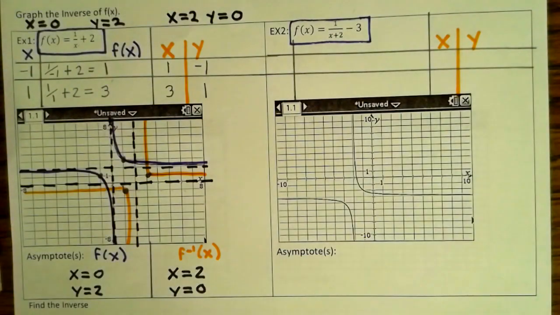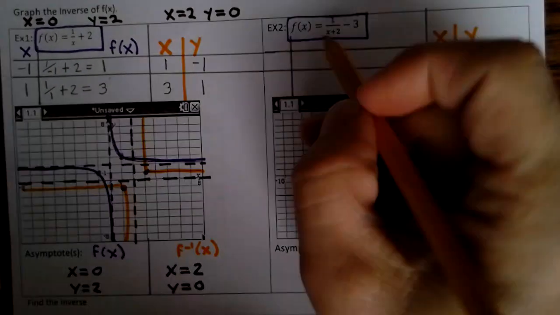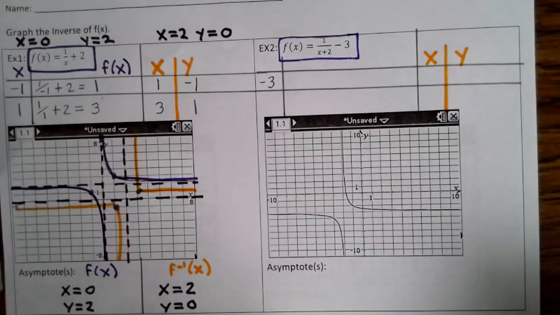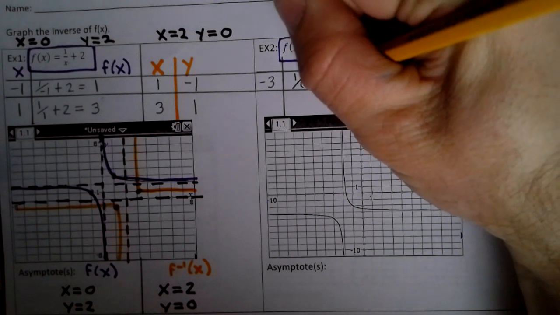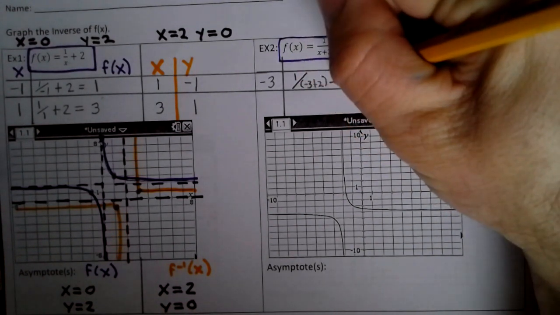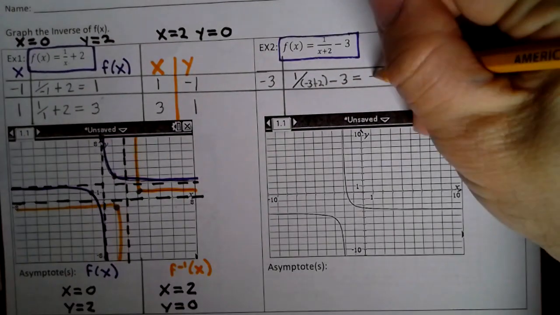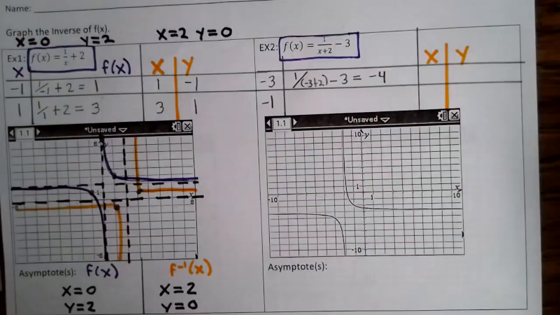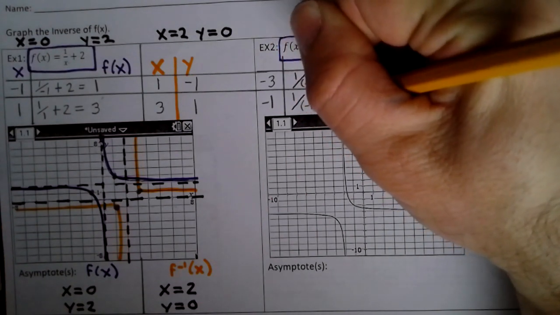Now, I'm going to use the first x value, negative 3. So then that's 1 divided by negative 3 plus 2, minus 3. And that equals negative 4. And then my next value is negative 1. So 1 divided by negative 1 plus 2, minus 3 equals negative 2.